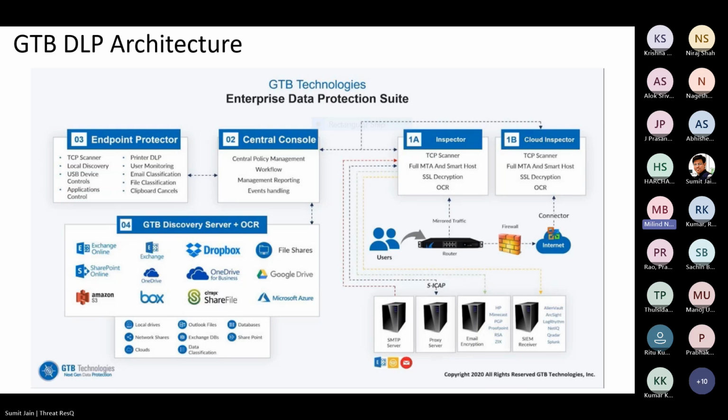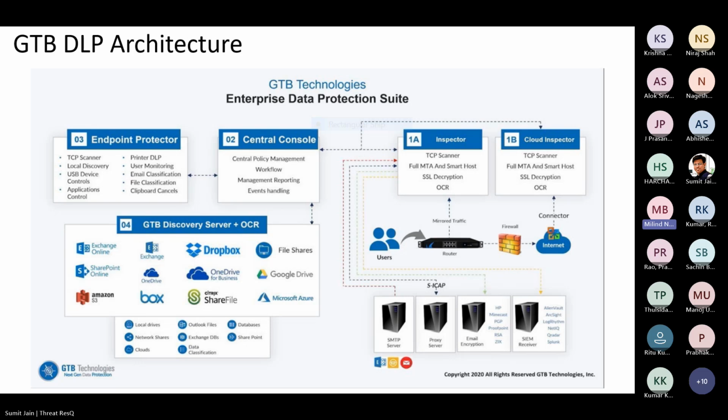Whatever data is going to flow out from your network, the inspector will track, and if it finds sensitive data inside it, it will remediate, with the remediation action of blocking or alerting, or whichever remediation you ask for. So this is about the network inspector.